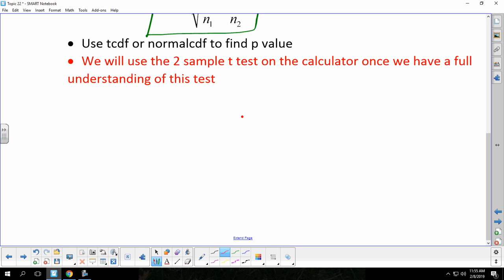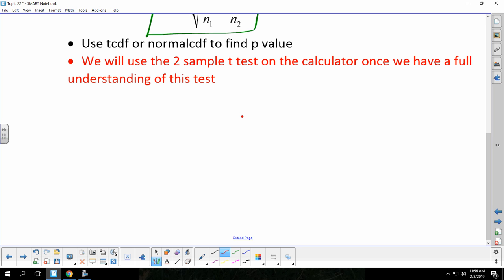Standard deviation, 5.62. n1 is 50. And then the mean of Phoenix is 80.61, and the standard deviation for Phoenix is 4.83. n2 is also 50. And then we want not equal to.